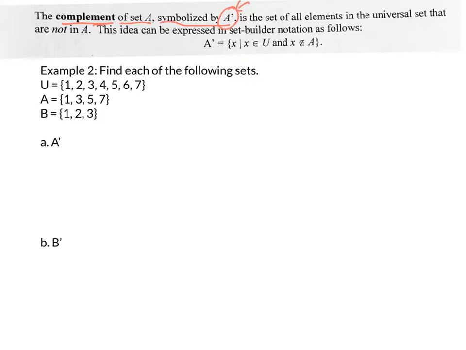The complement of set A, symbolized by A apostrophe, is the set of all elements in the universal set that are not in A. It's not as bad as it sounds. I know this definition makes it sound a little bit harder. This idea can be expressed in set builder notation as follows. We see that it is in the universal set, however, it's not in the set itself.